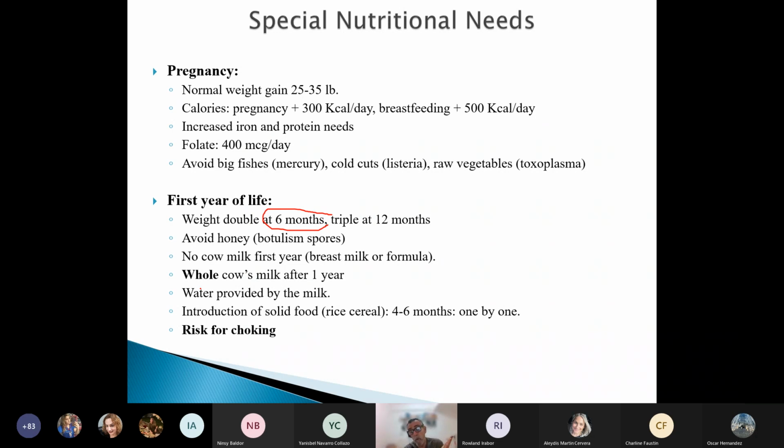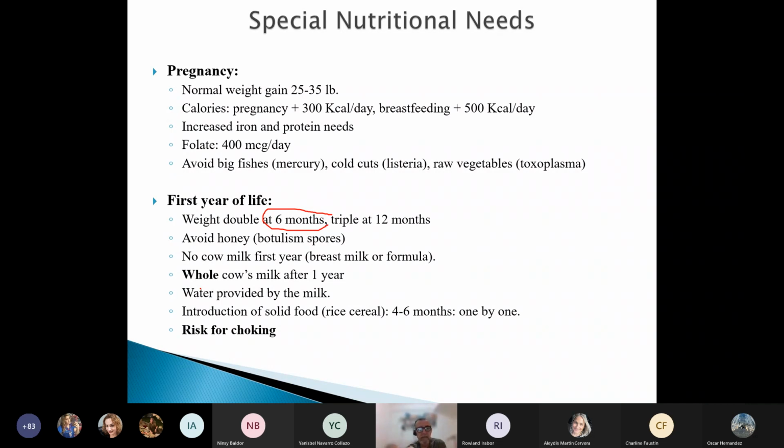Okay, of course, we know that there are advantages in breast milk because of the way it is delivered by the woman, and the benefit for the baby because of the defenses that are passed in the breast milk. But there is no difference from the nutritional point of view. There is no advantage of one over the other, comparing breast milk and formula.